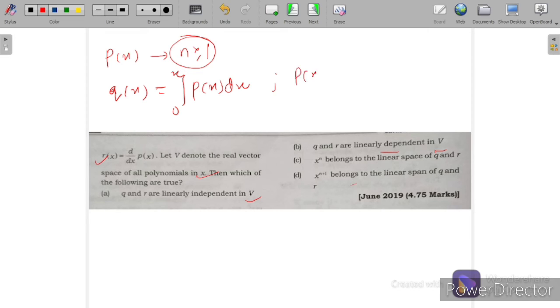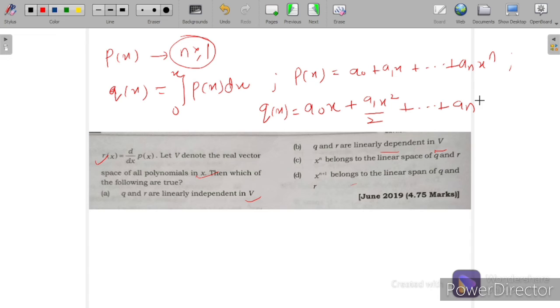Take a polynomial P of x as a0 plus a1x plus and so on an x to the power n. For the polynomial p of x, the polynomial q of x will be equal to a naught x plus a1 x square by 2 plus and so on a n x to the power n plus 1 by n plus 1.